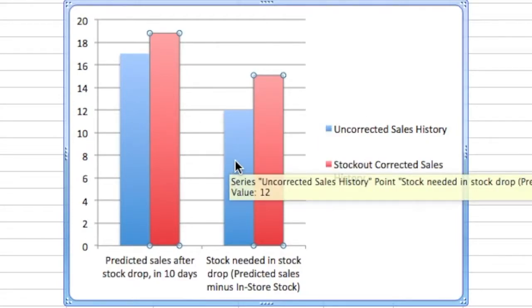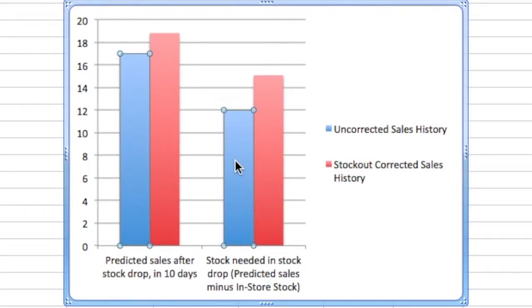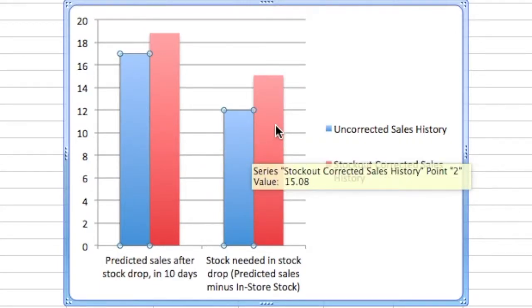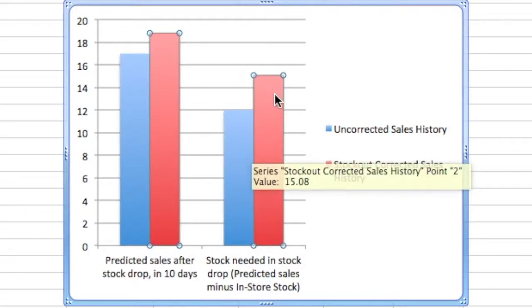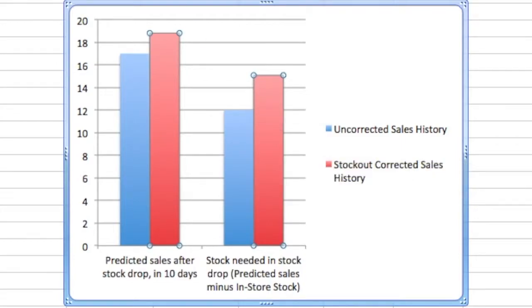This shows how much stock you would order if you used a lower forecast and how much stock you would now order with a new forecast. So effectively, after correcting sales, you ordered more, it means you actually saved yourself from losing out on some sales by not having enough stock.